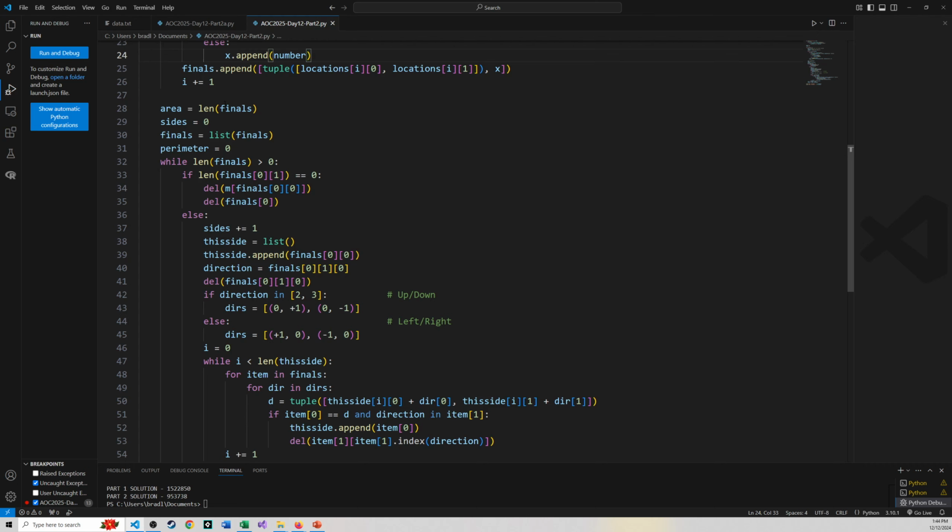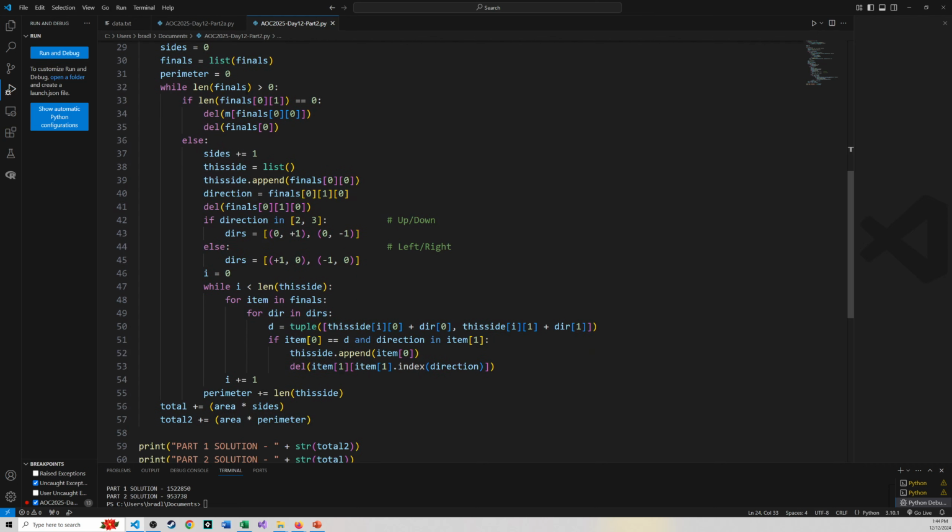Then I go through and figure out on a 1 by 1 basis where the fence lines should be, and then I match them all up, going up or down, left or right, to see where a specific side is. And then I erase that from the data structure, and I just keep working my way down until I have nothing left. From there, you basically have the number of sides, you have the perimeter, and you also get the area. All three things are found, and there's my answer to both parts.